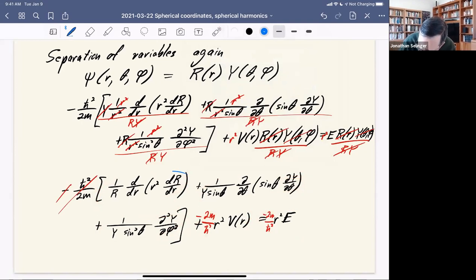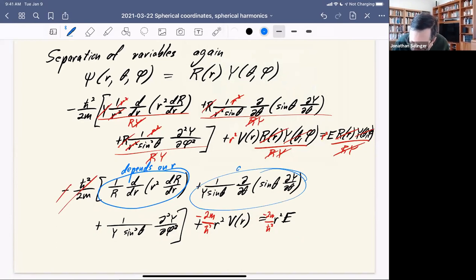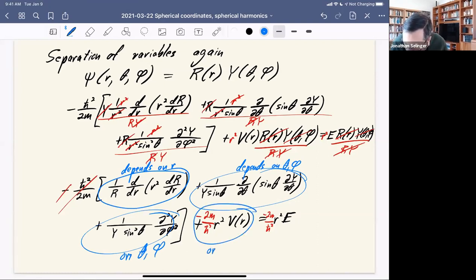This thing depends on little r. This thing depends on theta and phi, but not little r. This thing depends on theta and phi. This term depends on little r. And this term depends on little r.